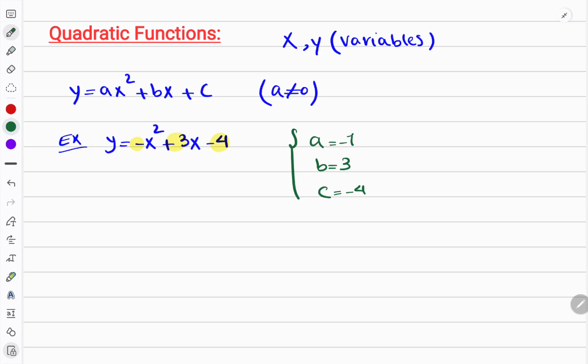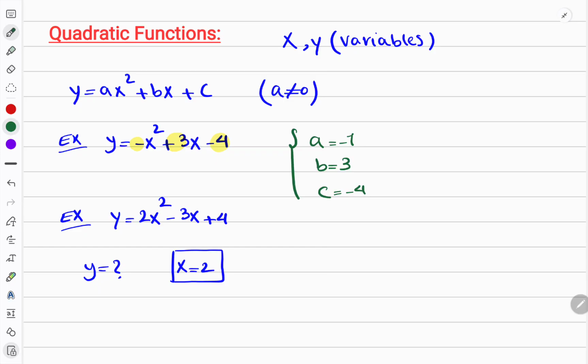For any known value of x, the corresponding value of y can be found by substituting into the function. As an example, if y is 2x squared minus 3x plus 4, we are going to find y when x equals 2.